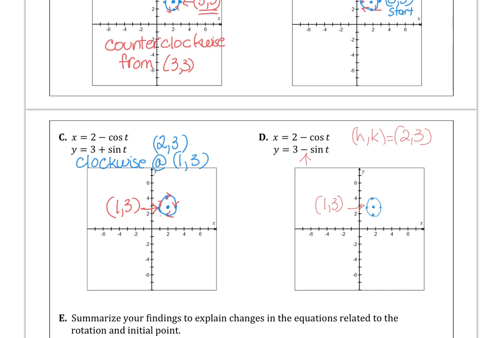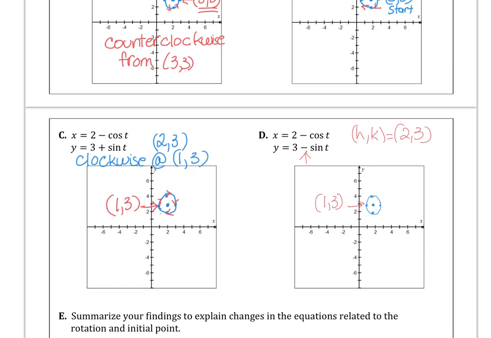But the negative on sine, where this would have been clockwise, this would make it go back to counterclockwise, and starting at 1, 3, counterclockwise is down. So counterclockwise from the point 1, 3.